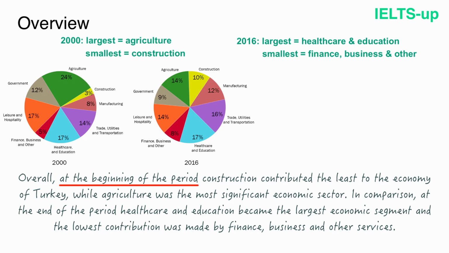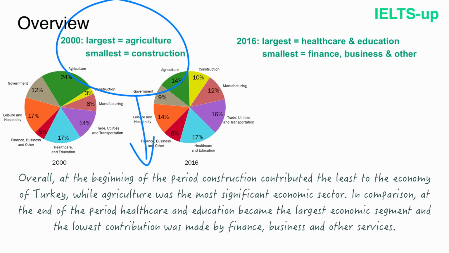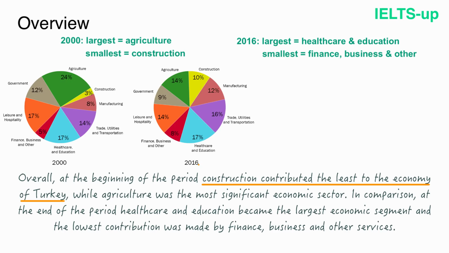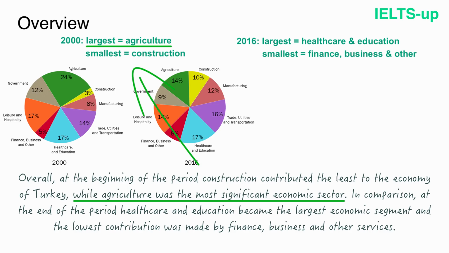"At the beginning of the period" is just an equivalent way of saying "in the year 2000." Then we use our key features for the year 2000. I write that construction was the smallest economic segment, and agriculture was the largest economic segment.